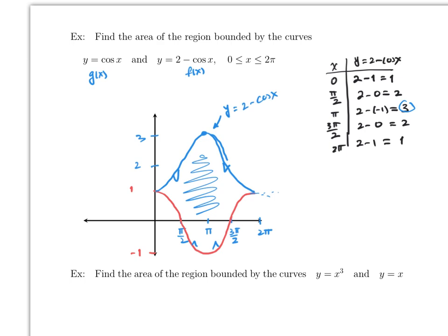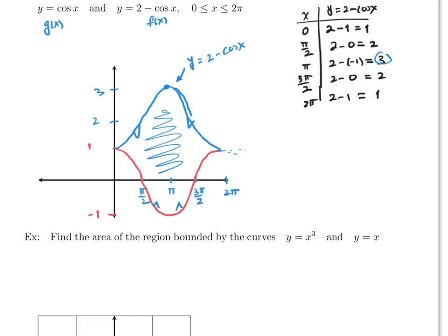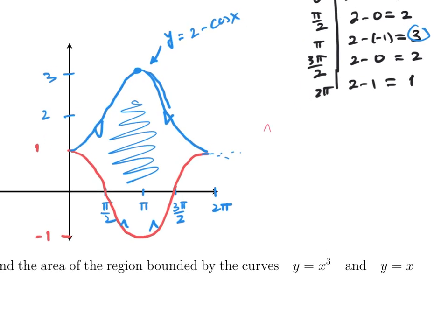Okay? So therefore, if you want the area for this, the area is going to be just the integral from 0 to 2 pi of 2 minus cosine x minus cosine x.